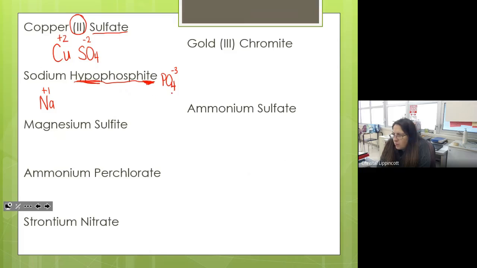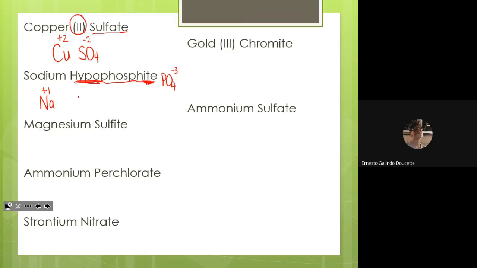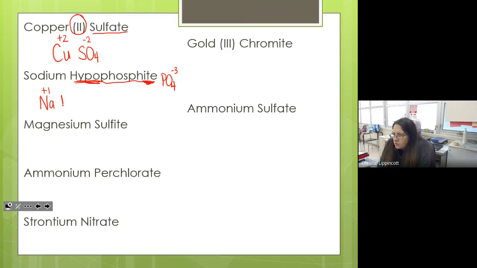Hypo means under, right? Yeah, you take away 2. So it's going to be PO2, but it's still going to have a -3 charge. So this is a -3 on this side. This is a +1. What do I have to do to get this to a +3?